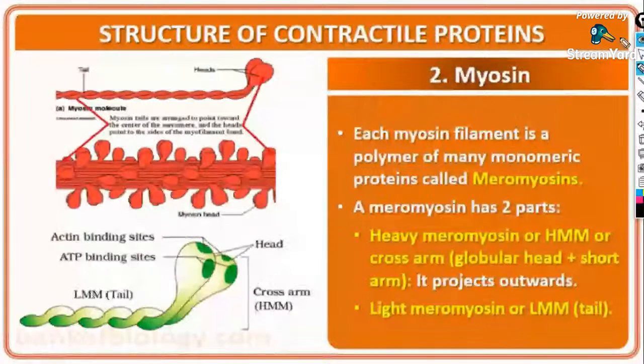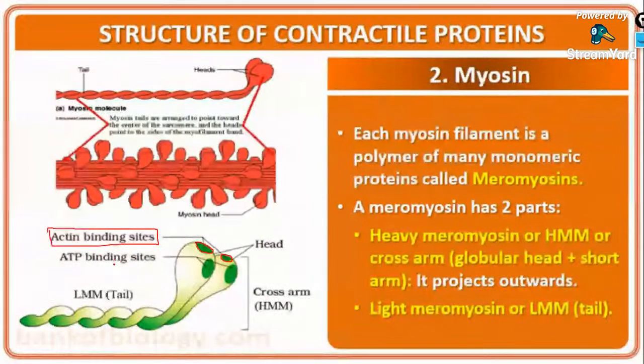And one of the most important and frequently asked questions: this top portion, look very carefully. These two top portions you can call the actin binding site. Actin binding site. Clear?